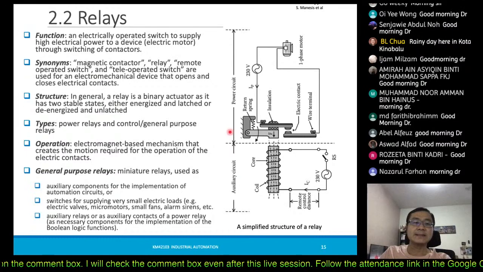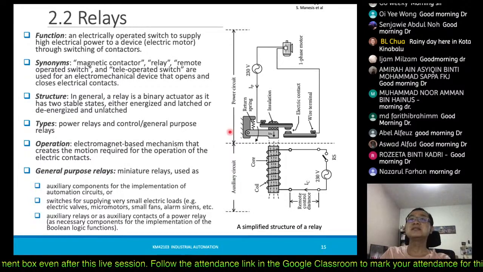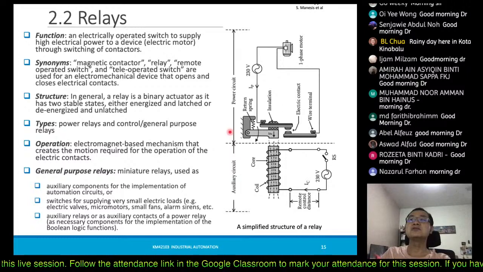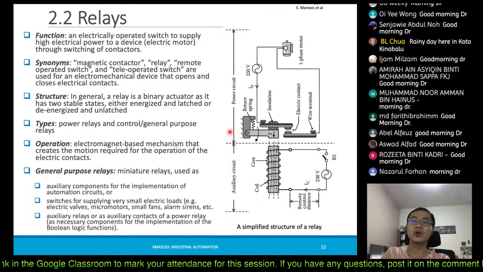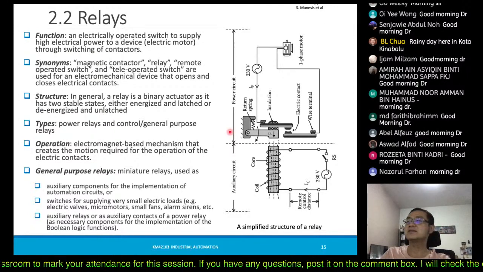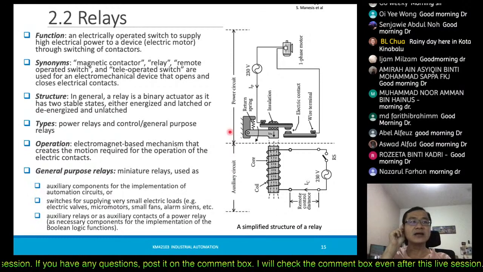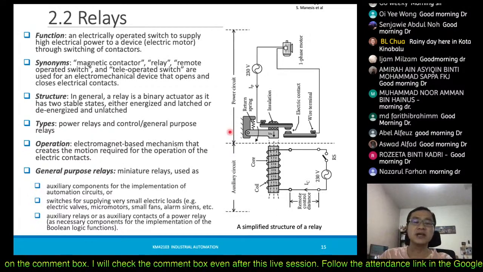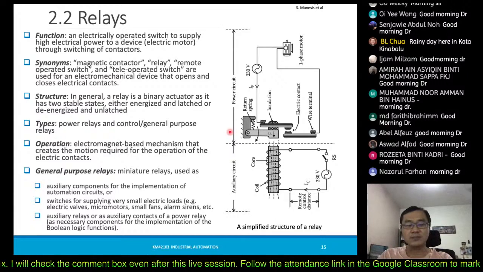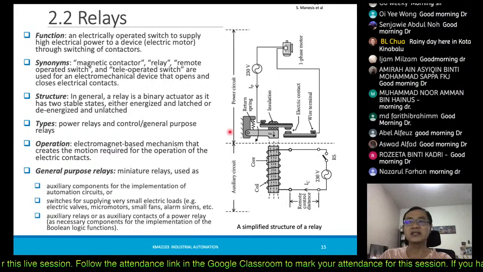Next is a relay. As I have mentioned previously, in industrial automation, the power relay plays a very important role, because in automation, it plays more on turning on and turning off certain operations.